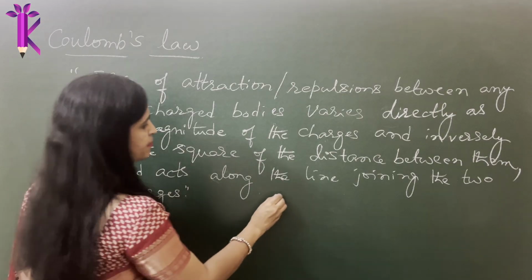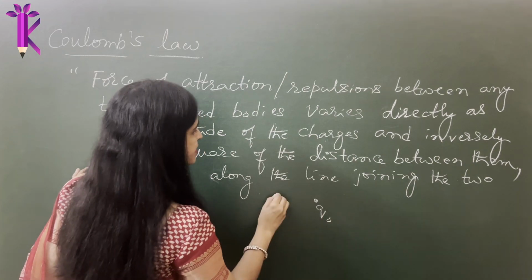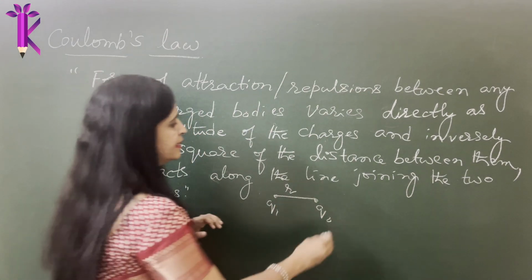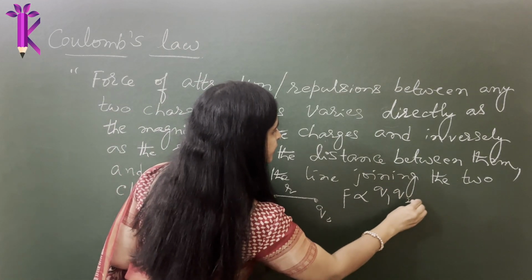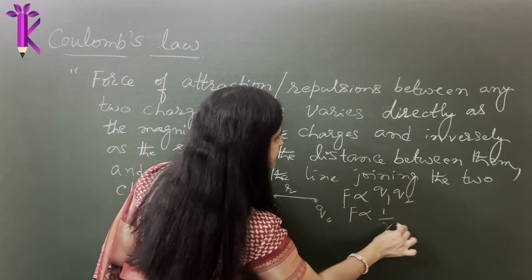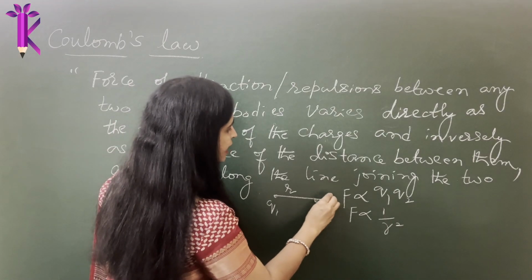So what does it say? Suppose you have two point charges Q1 and Q2, then this is the line joining the two charges. They are separated by a distance r. Then the force varies directly as the product of the magnitude of the charges, and it also varies inversely as the square of the distance between them, right? And it acts along the line joining the charges.